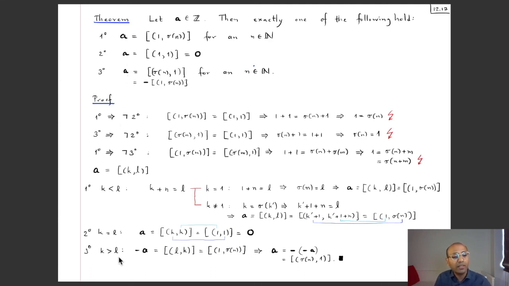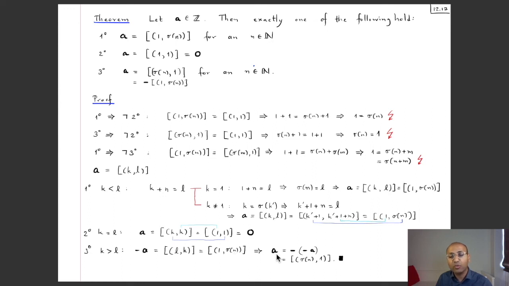And finally, if the third thing happens, if K is bigger than L, then let's note that minus A will be the equivalence class containing the ordered pair (L, K), right? And we are then in this case where the second entry is bigger than the first entry. You see, the second entry is K, and that's bigger than the first entry. So this we know by this first case is of the form (1, sigma n) for some natural number n.